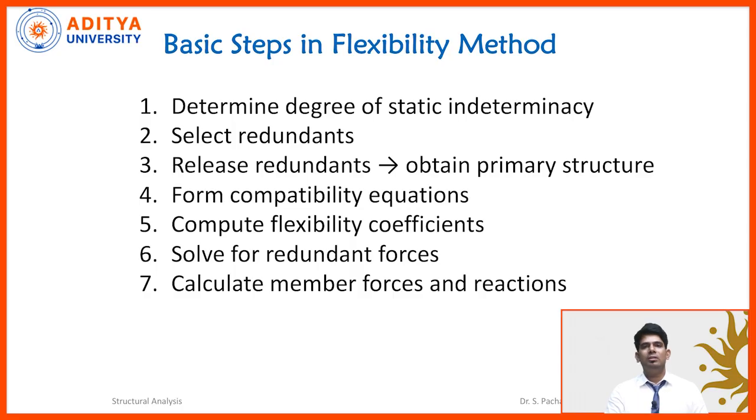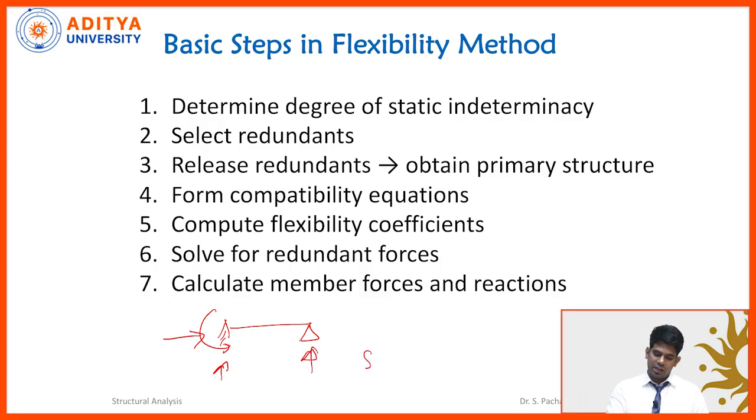Now, if you want to solve the problem, what are the various steps involved in the flexibility matrix method? First, we need to calculate the degree of static indeterminacy. So, already I told you, we have taken this problem in the previous slide. So, the moment, vertical force, horizontal force and one other force here.